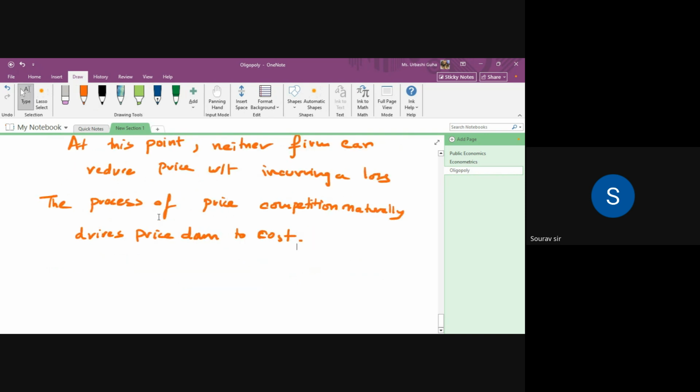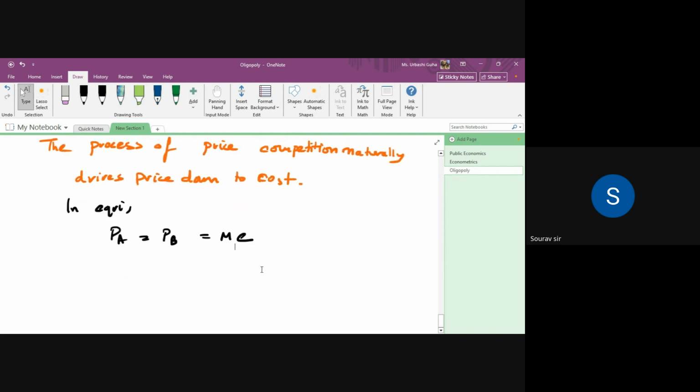Okay. So in equilibrium, PA will be equal to PB, and that will be equal to MC. That means from this we understand neither firm can profitably deviate.